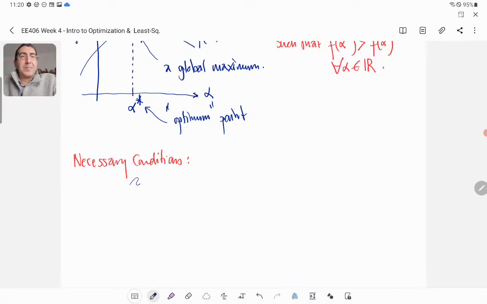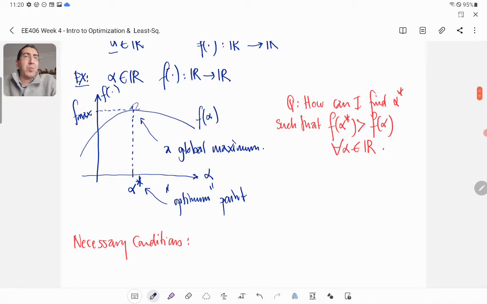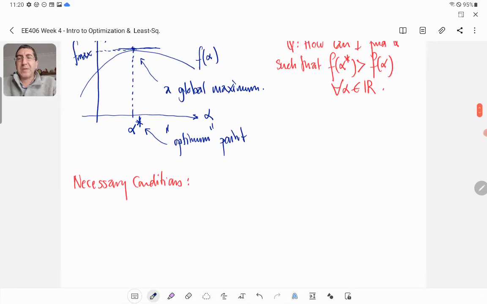If you look at this point, you see something very important: if you have a maximum or a minimum, the slope of the function at that point becomes zero. So you get basically a horizontal line as the tangent to the function. That constitutes our necessary condition.